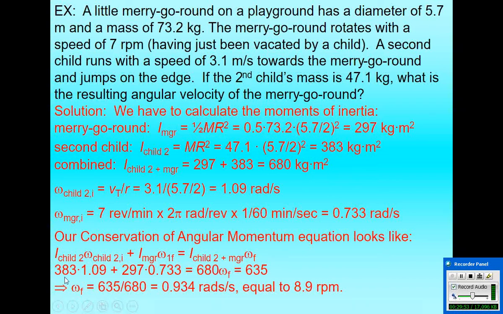So 383 times 1.09 plus 297 times 0.733 is equal to 680 times omega final. 383 times 1.09 plus 297 times 0.733 is equal to 635. So omega final equals 635 divided by 680. That's 0.934 radians per second, and we can show that's equal to 8.9 revolutions per minute.